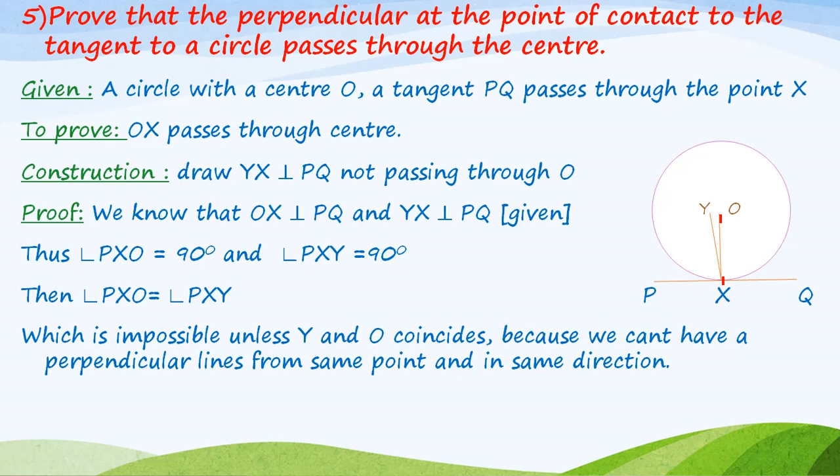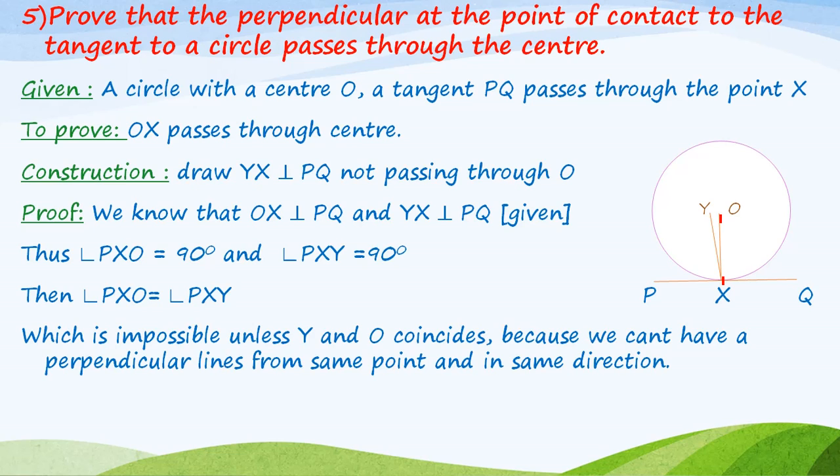PQ passes through the point X. This is the given data. We have to prove that OX passes through the center. OX is the perpendicular distance which passes through the center point O.